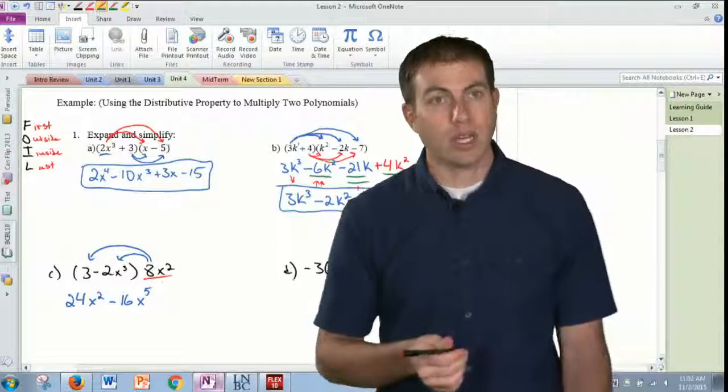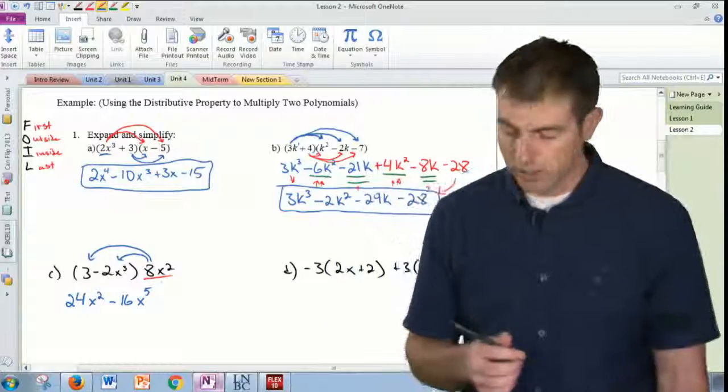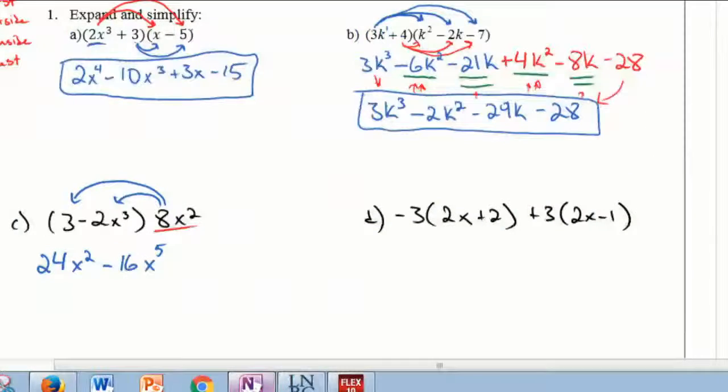The next question is kind of like 2 questions combined into one. If you want to think of it this way, I have this red part, if I just leave it for a second. I'm distributing the negative 3 through here, and then I'm going to take this positive 3 and distribute it through here, and then combine any like terms I may end up with. It's 2 questions in one. Negative 3 times positive 2 gives me negative 6, and then I have an x.